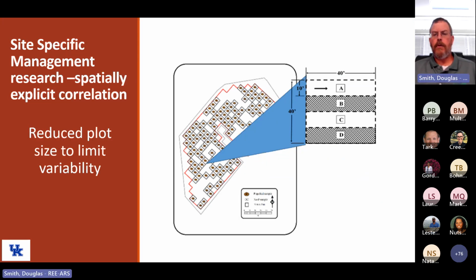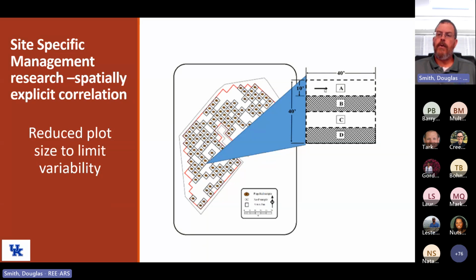Working with the crew at University of Kentucky, they've taken pretty large fields and cut them up into small plots that measure 40 by 40. They rotate the plots so that they can use these fields for several years. They don't come back to a plot once they've used it. And then each plot has subplots.